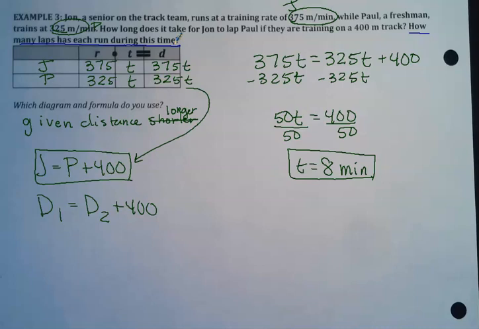Okay, so would you do... you're close. Would you do 375 times 8 divided by 400? Why would you do that?